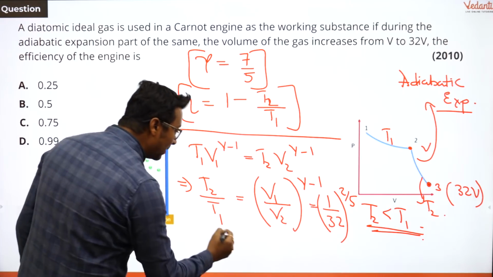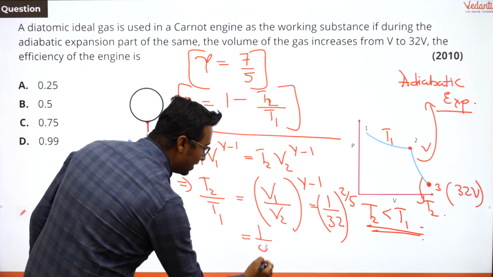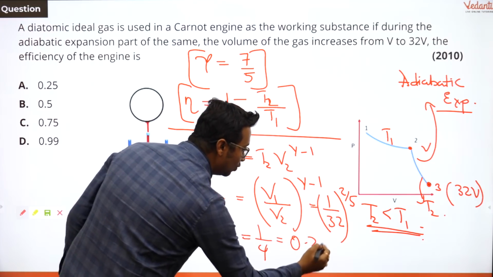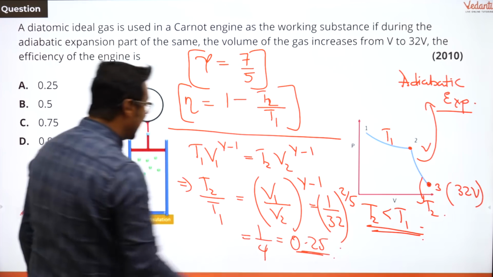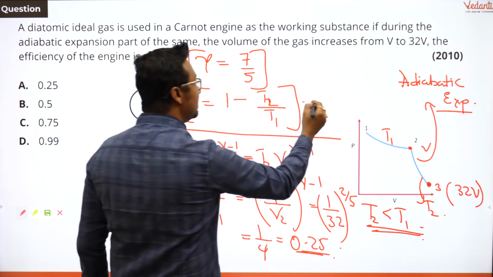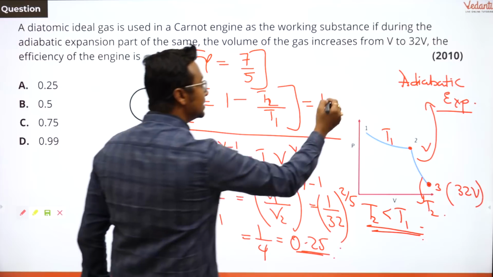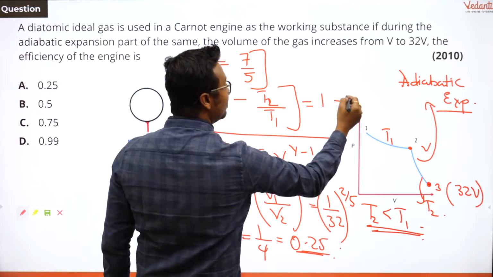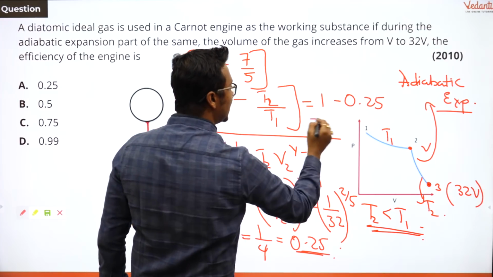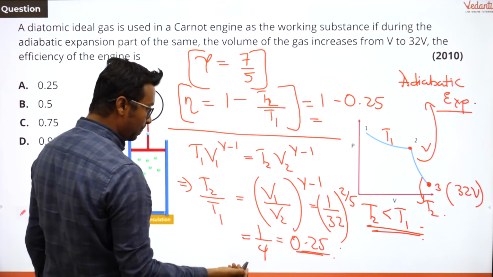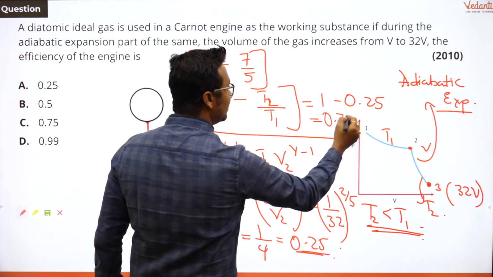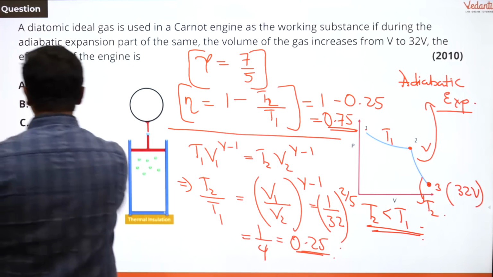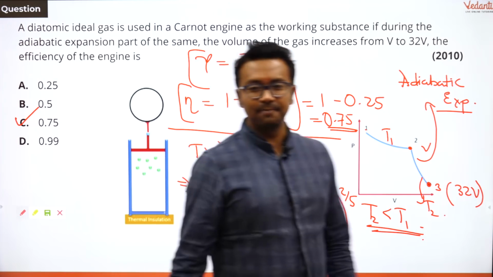So T2 by T1 will be equal to 1 divided by 4, that is 0.25, my dear students. Then the efficiency will be equal to 1 minus 0.25, which is 0.75. So option C is the correct answer.